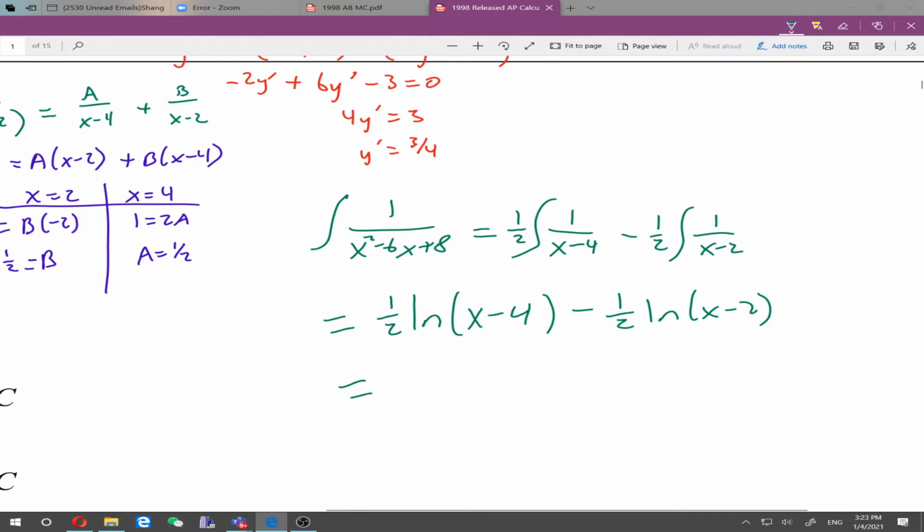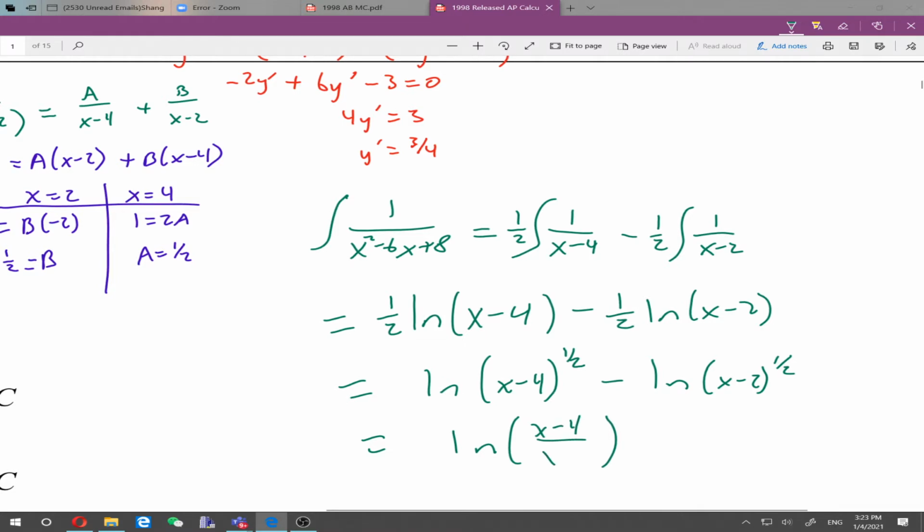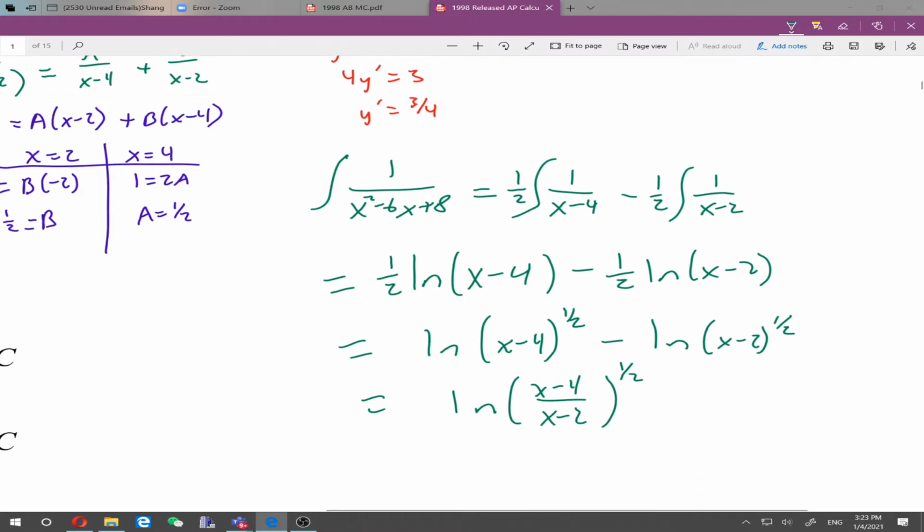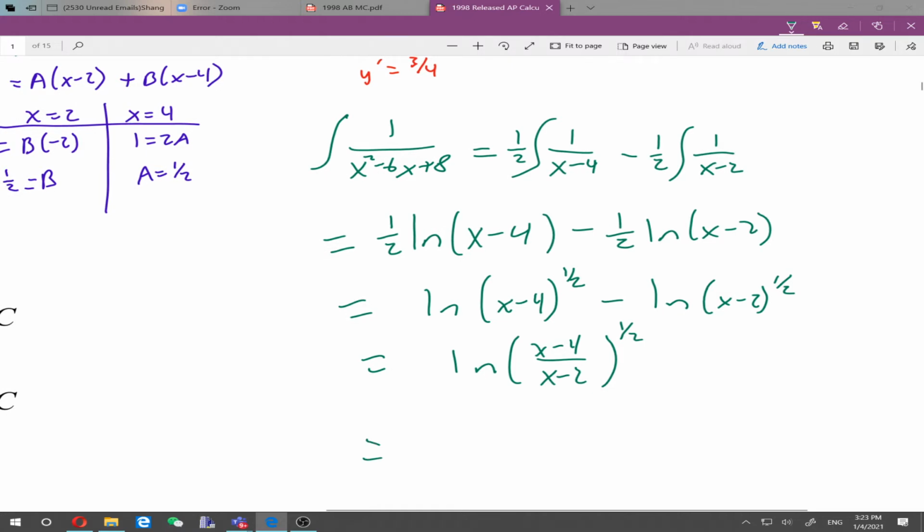This is the same thing as the natural log of x minus 4 to the 1/2 power minus the natural log of x minus 2 to the 1/2 power, which is the same thing as the natural log of x minus 4 to the 1/2 over x minus 2 to the 1/2, which is the same thing as moving that 1/2 to the top, is the same thing as 1/2 natural log of x minus 4 over x minus 2 plus c. Forgot my plus c's earlier, but that plus c would carry all the way down. Any questions on what we did here?